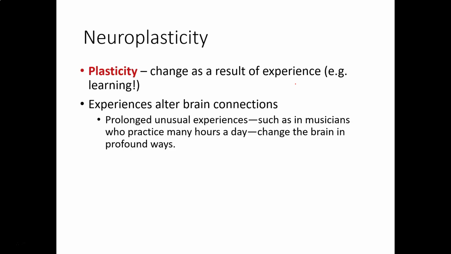Musicians would have a much larger motor cortex to accommodate the fine motor movements that they have to engage in to play their instruments, compared to somebody who doesn't play an instrument. So the person who doesn't play the instrument would have a much smaller motor cortex. So our brain accommodates and changes as we go through life.